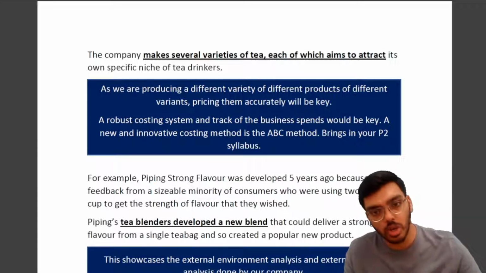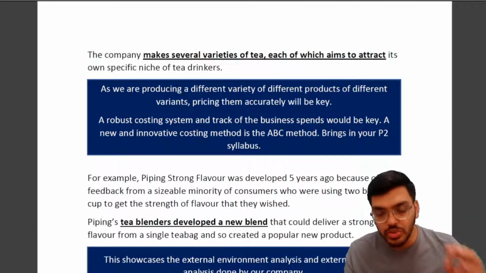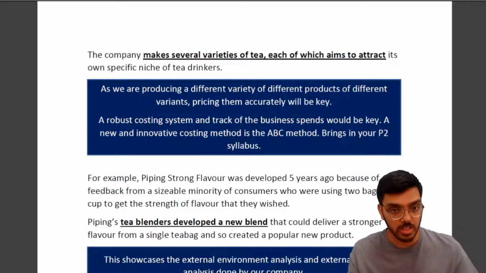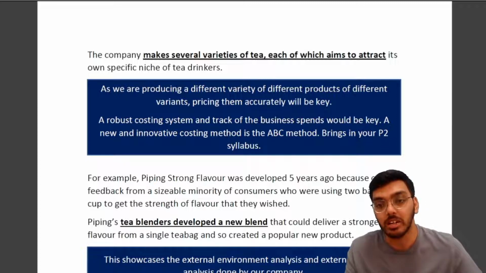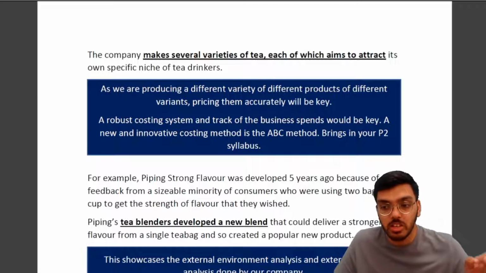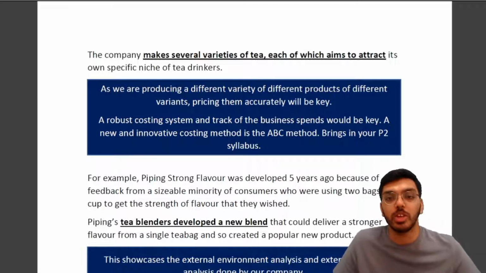So a robust costing system and track of the business spends would be key. A new and innovative costing method such as ABC could be looked upon, and is a favorite exam question. This brings in your P2 syllabus over here.